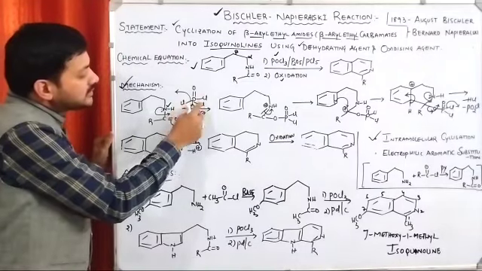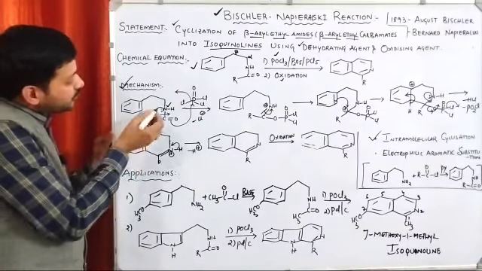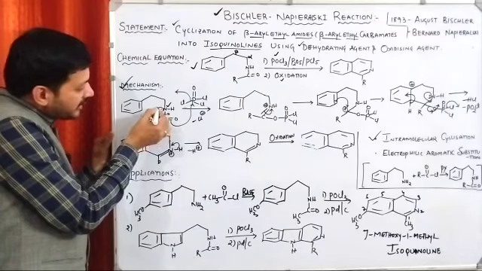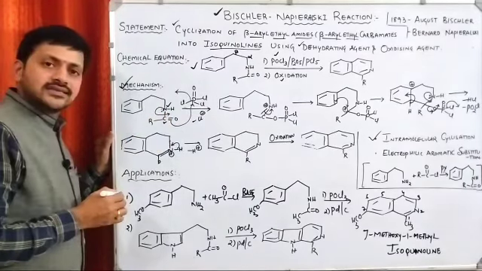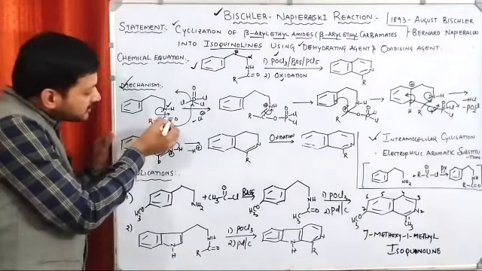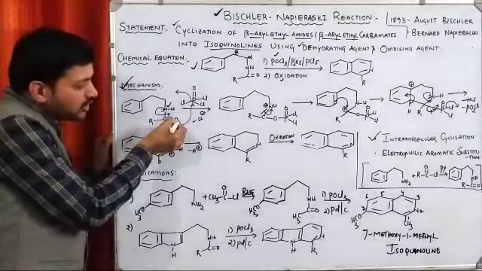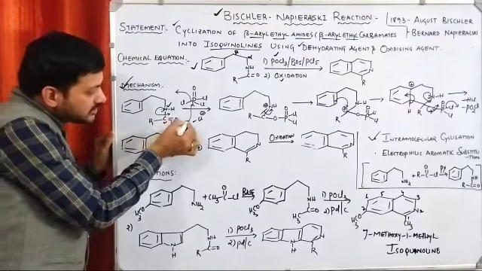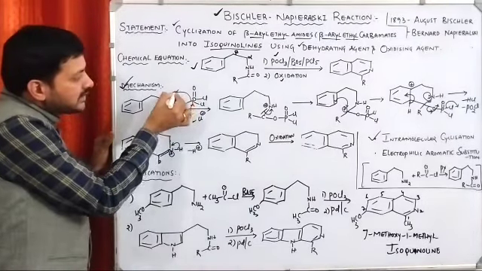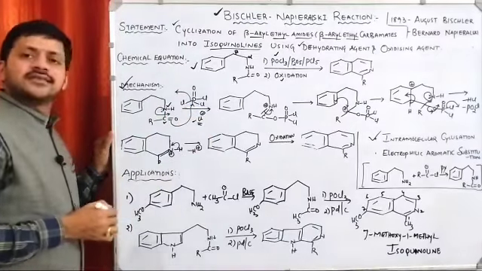P double bond O, Cl, Cl, Cl. See this one, what is happening? The lone pair electrons form a pi bond here, thereby the carbon valency is increasing, or not? Thereby these pi bonding electrons move towards the oxygen. So oxygen will take the negative charge, or not? This negative charge approaches the phosphorus, thereby Cl will be removed in the form of Cl minus.